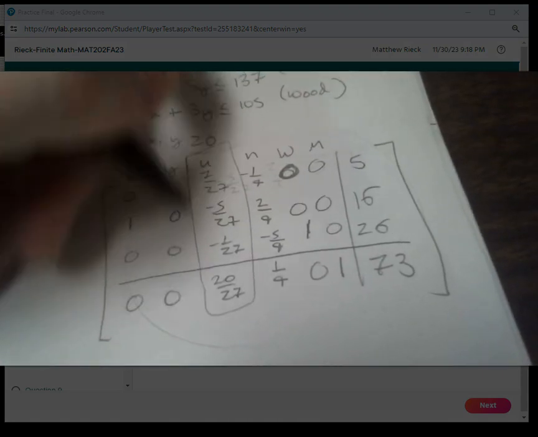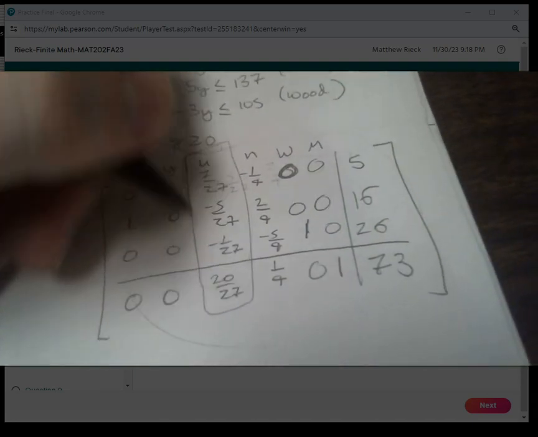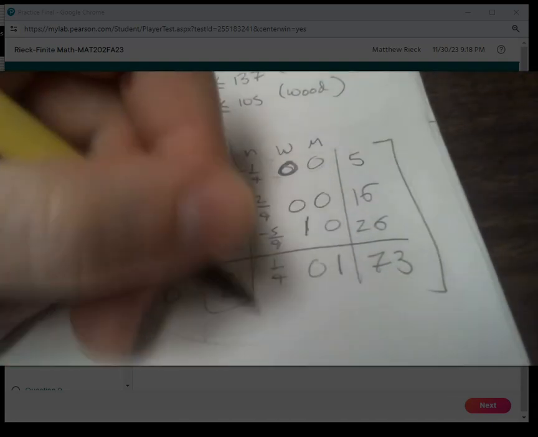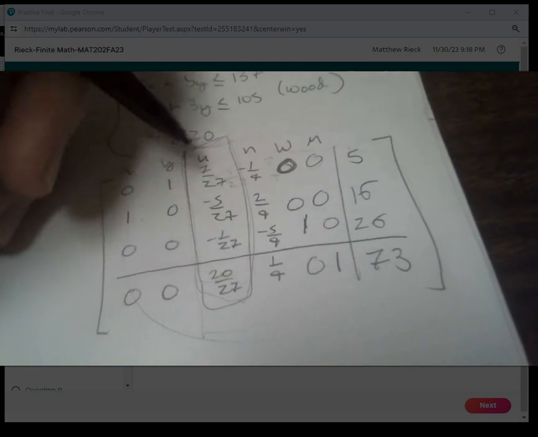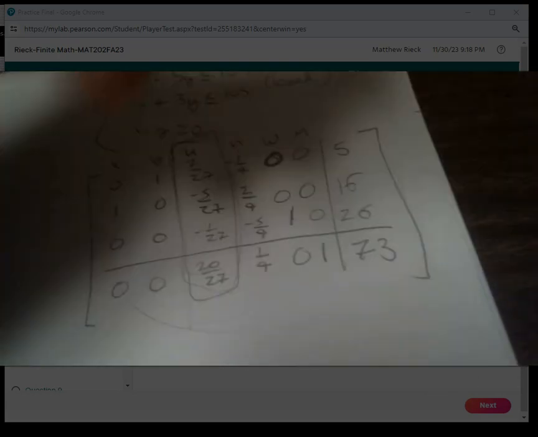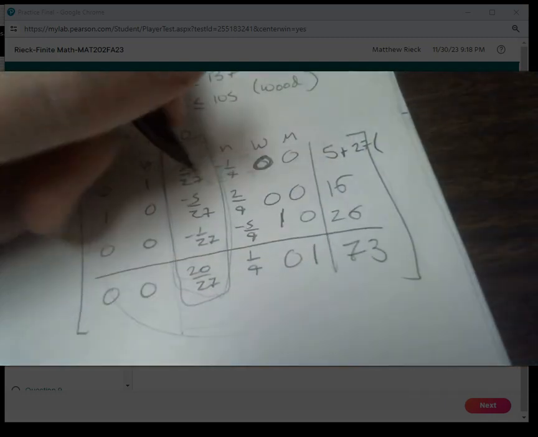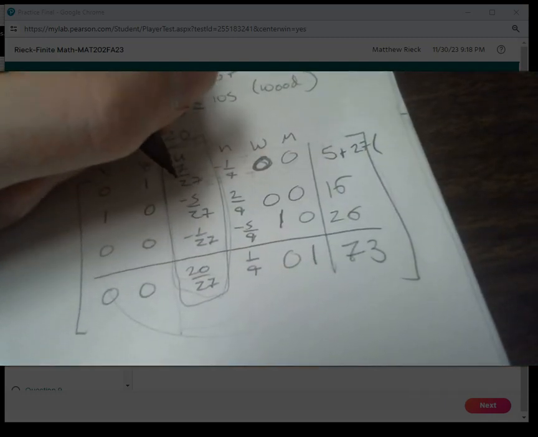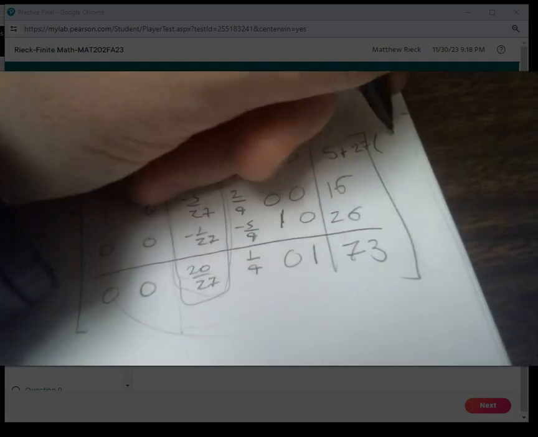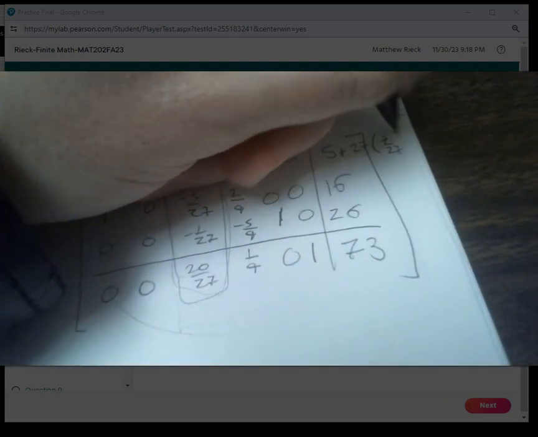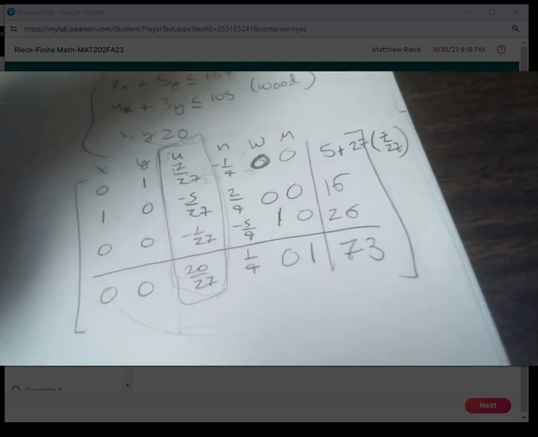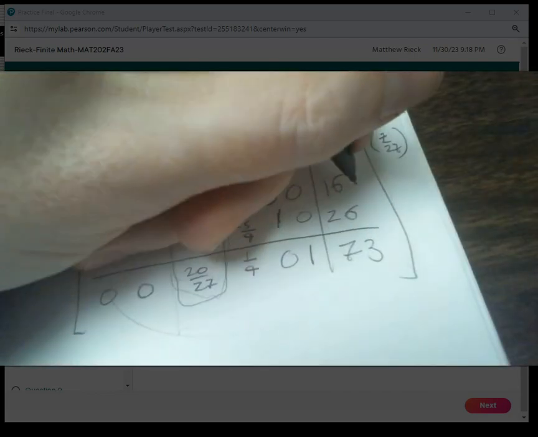When you do sensitivity analysis, you need to keep track of where your slack variables come from. Again, labor hours corresponds to my slack variable u. So then you're just going to take the increase and multiply it by that entry in that column there, and you add that to the original value.